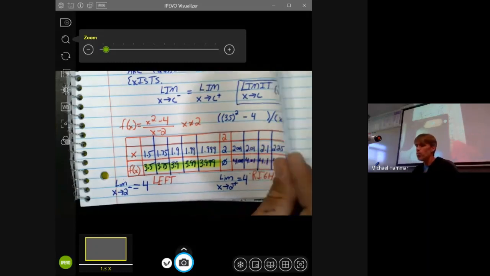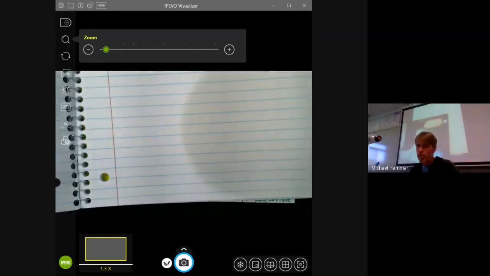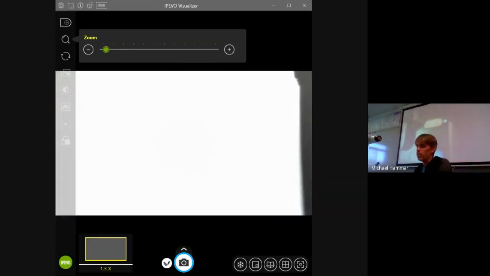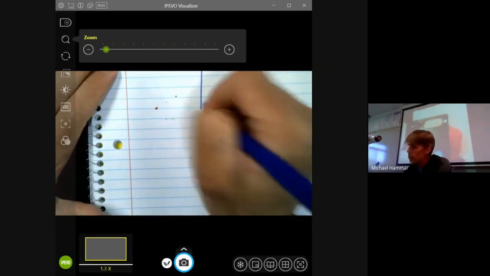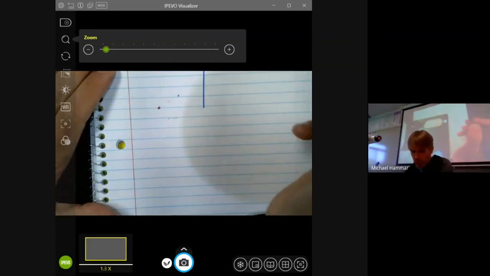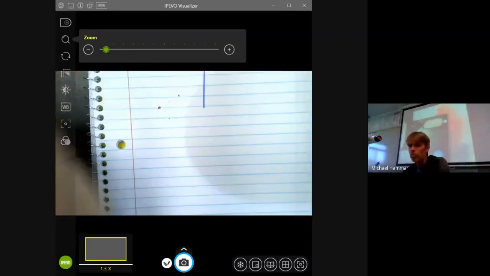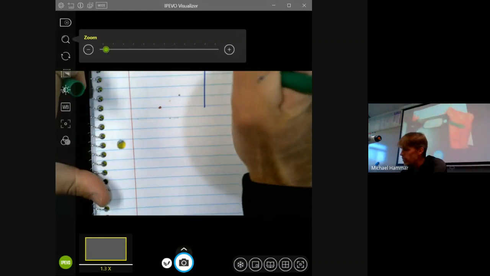So I do want to show you, before I move on, a limit that doesn't exist. Okay? So I'm going to draw a sketch of a graph, and we are going to take a look at this graph and talk about the limit from both the left and from the right. This one also, we're going to use 2 as our weird little spot.